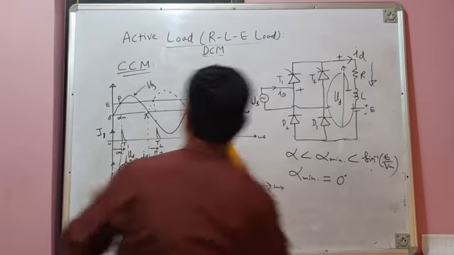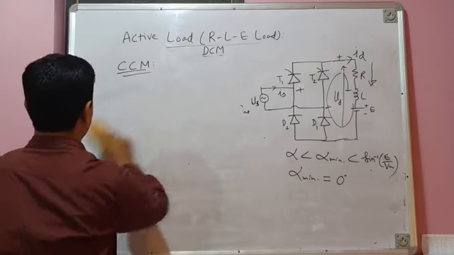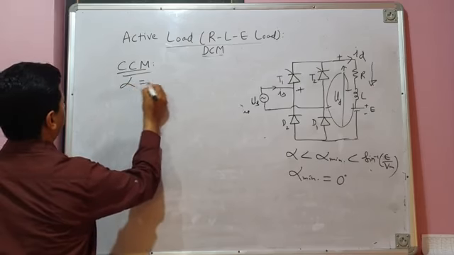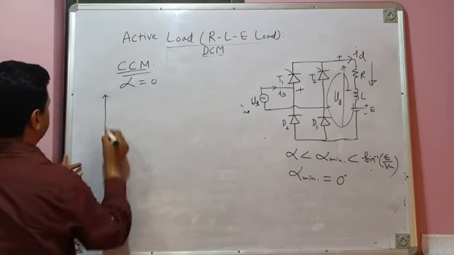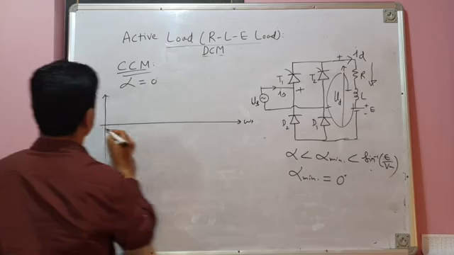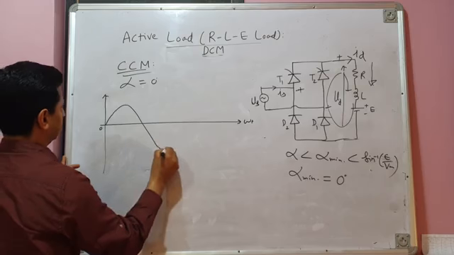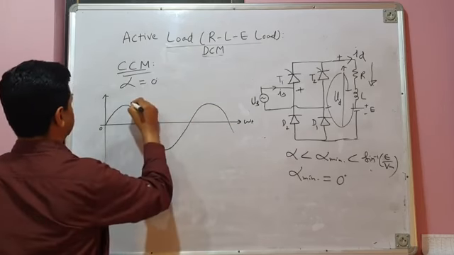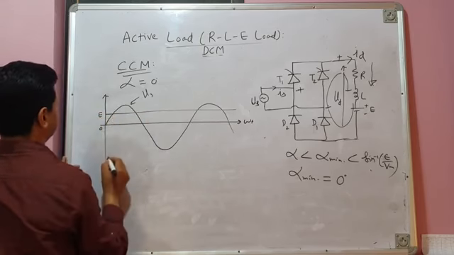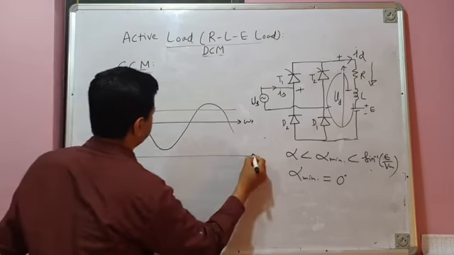Let me show you the waveforms for alpha equal to 0 degree. This is again Vs and this is again E. Now I will show you the firing pulse pattern.